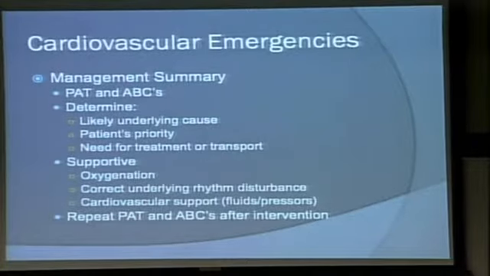If they look really sick, they're having trouble breathing, that means you need immediate temporizing care and rapid transport. So think about the underlying cause, the priority of treatment. Supportive is obviously oxygenation. Can all use oxygen. If they have an underlying rhythm disturbance like PSVT, narrow complex, treat it.